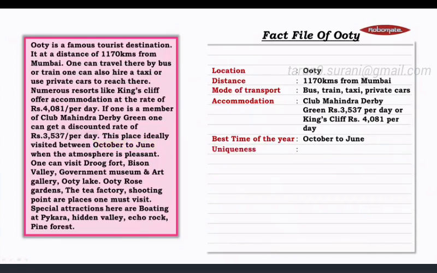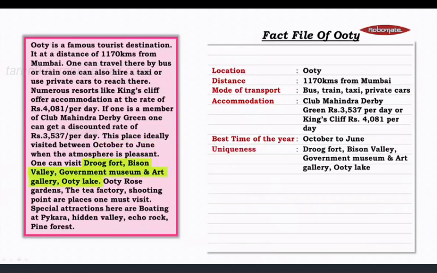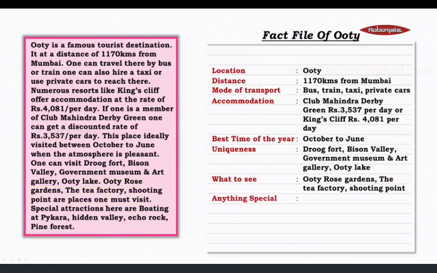Similarly, uniqueness. What's the uniqueness of this place? So there are a lot of unique places to visit, okay, which are found only here. So that's the uniqueness. Then what to see? So there are various places, a lot of options to go to, Ooty Garden and so on. All right. And then the last point, that is anything special. Here you're going to have a few things that are especially found in this place.